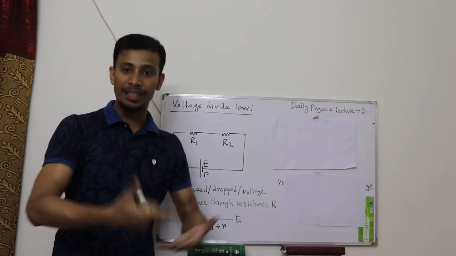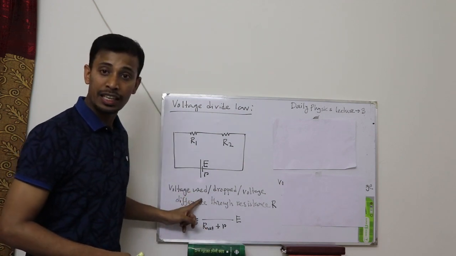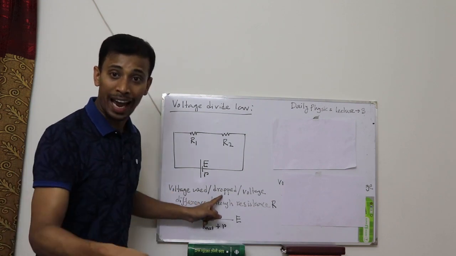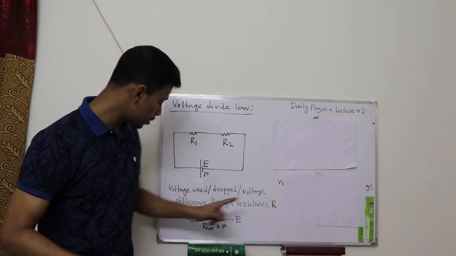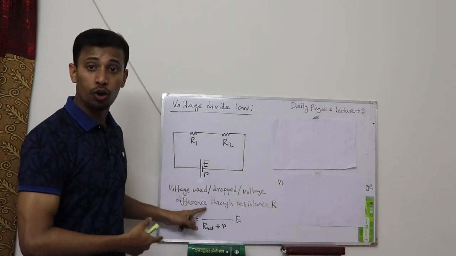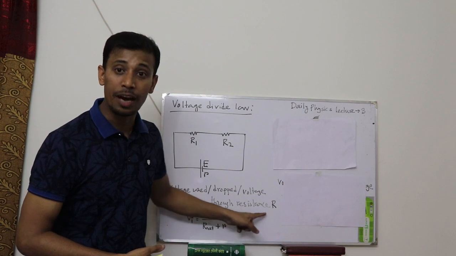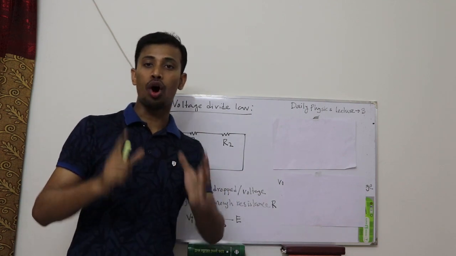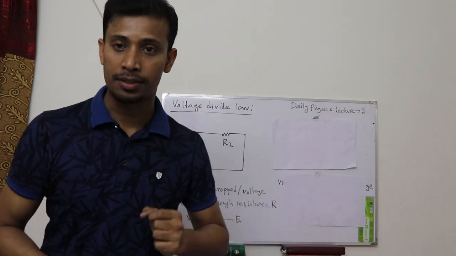Let me repeat. The voltage used by a particular resistance, the voltage dropped at that resistance, or the voltage difference between two sides of that resistance, all give the same answer.